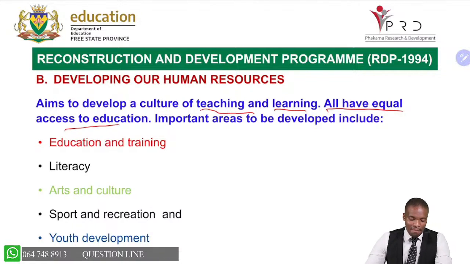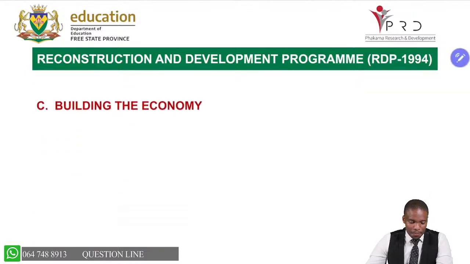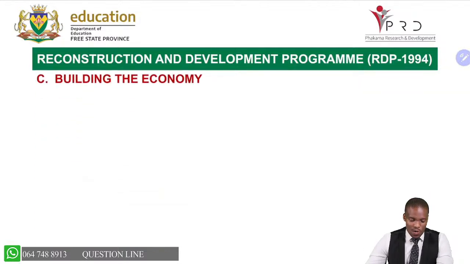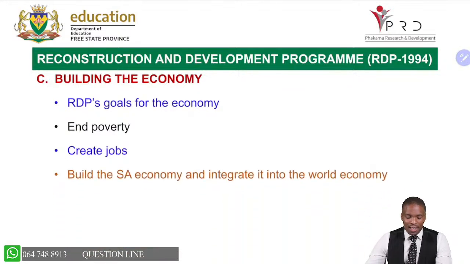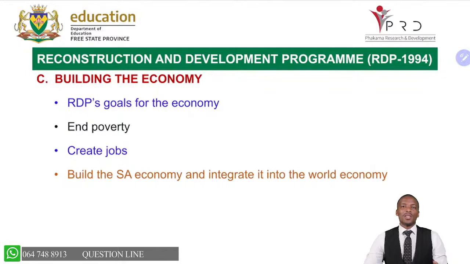Then another aim, C, building the economy. Here, the goal for the economy was to end poverty, create more jobs, build South Africa and integrate it into the world economy. That means we need to be a first-class economy, or we need to be a developed country post 1994.